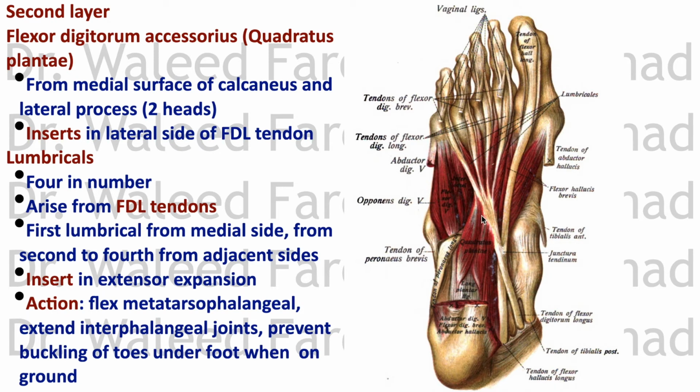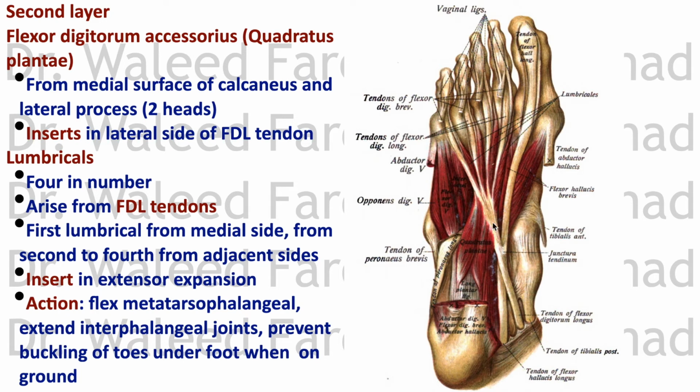The quadratus plantae adjusts the pull to make it straight backwards, to flex the toes in a straight manner backwards, not tilted medially because of the direction of the flexor digitorum longus. See? So this is the flexor accessorius.